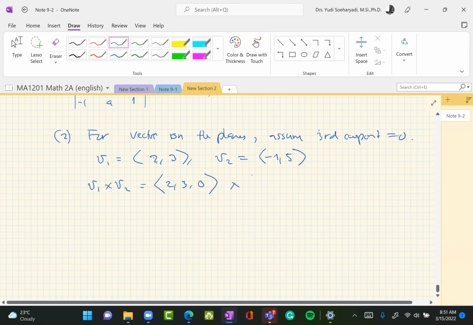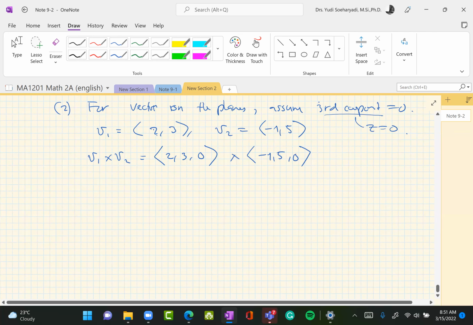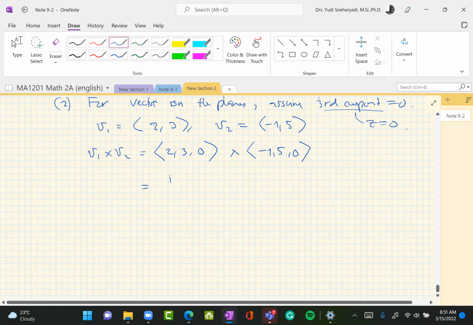You assume the third component is 0 because that's on the plane. So the Z component is 0. So then what you get is I, J, K, 2, 3, 0, 1, 5, 0. What you get is I, 3 times 0 minus 0 times 5.